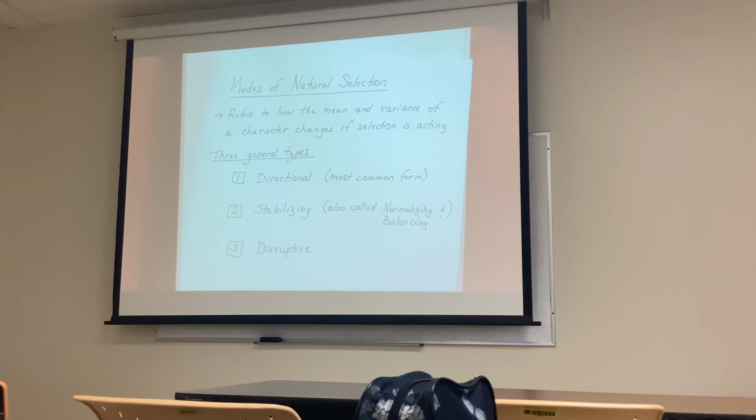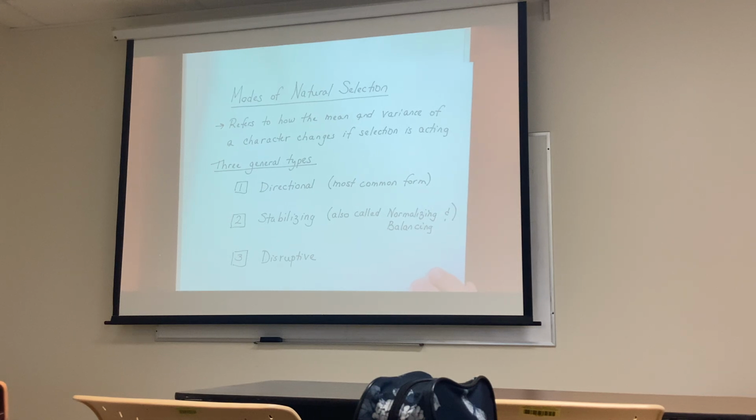We already did mean, variance, and mode, and all that stuff before. Good? Let's look at these. So let's look at the most common form of selection. Which is what again? Directional.